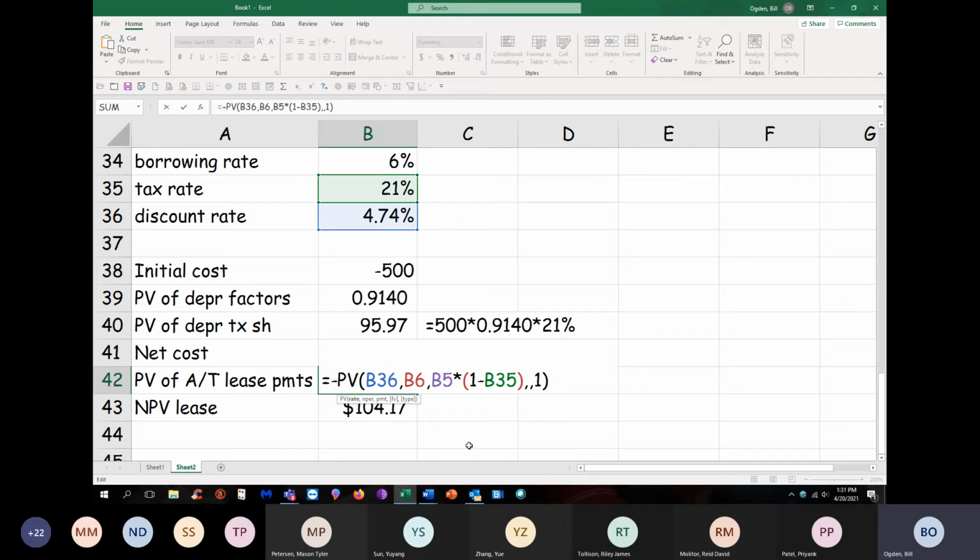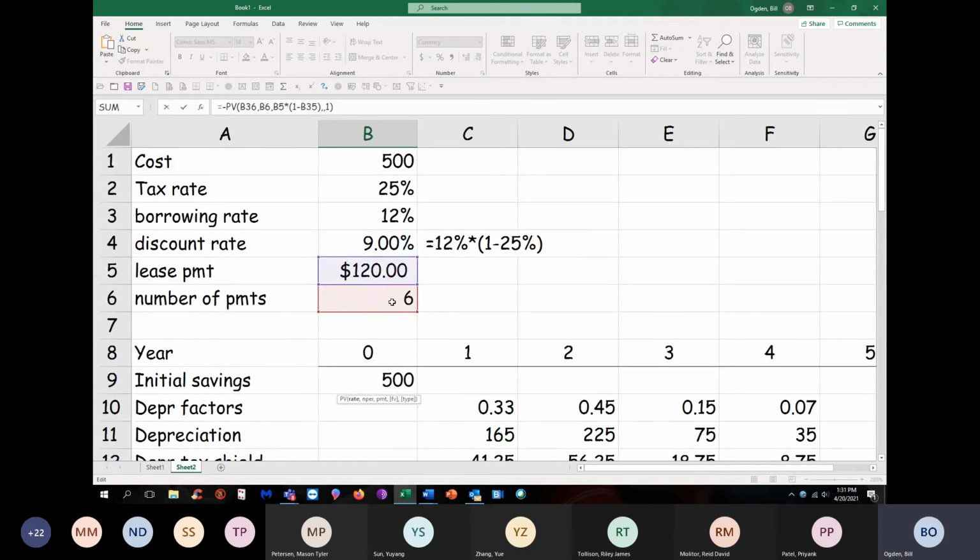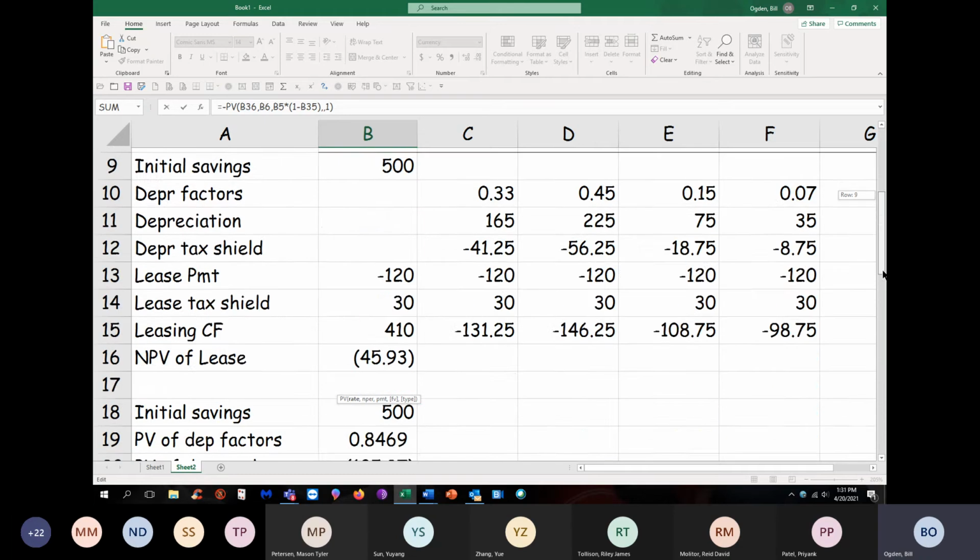I kind of went up and down, I realize that. So we get our rate, that's the 474. Our number of periods, well, since we'd already written it, it's the same lease, I came up here and got it from here. If you want to type in 6, it would work just as well.